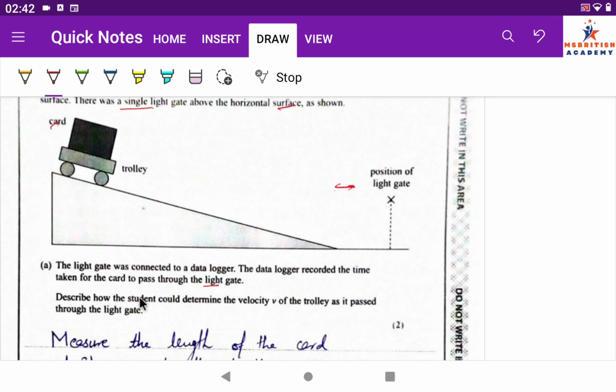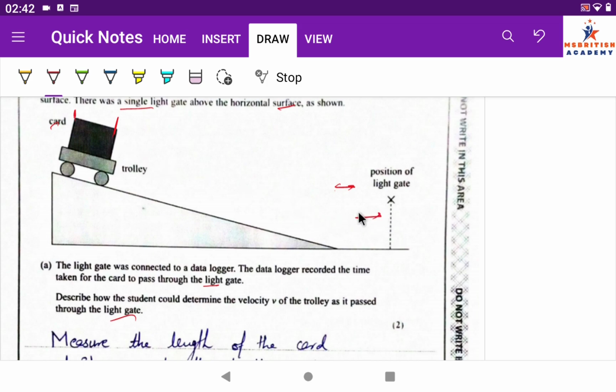Describe how the student could determine the velocity v of the trolley as it passed through the light gate. So first, we can find out the length of this card. The length of this card will pass through this gate.